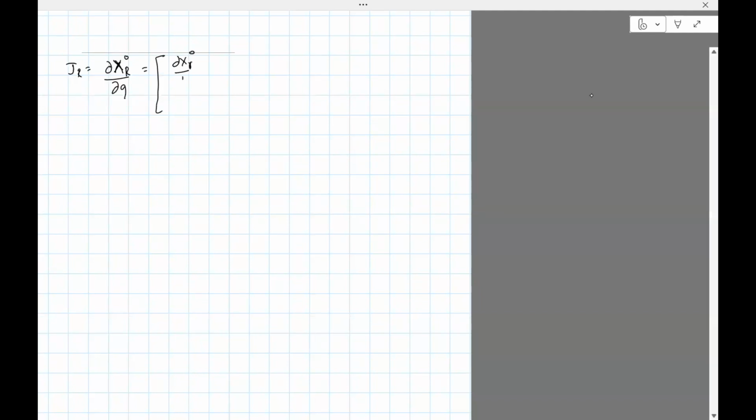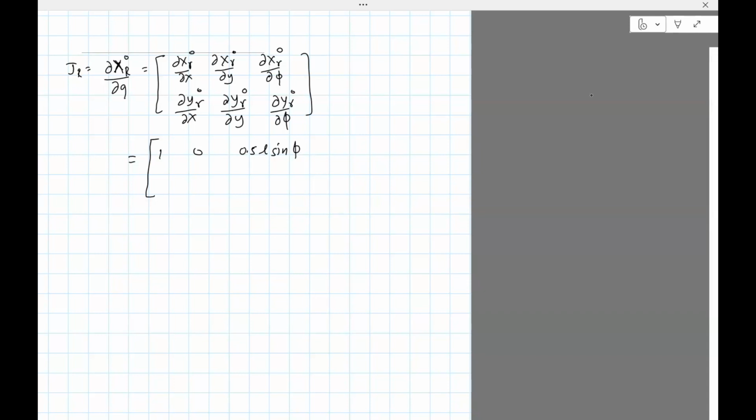Maybe I'll just write it down: dxr0 dx, dxr0 dy, dxr0 d phi, dyr0 dx, dyr0 dy, dyr0 d phi, and that comes out to be 1, 0, 0.5 L sine phi, 0, 1, minus 0.5 L cosine phi.